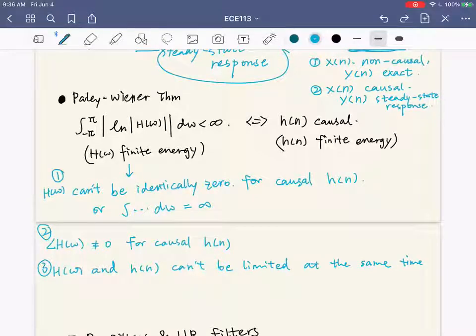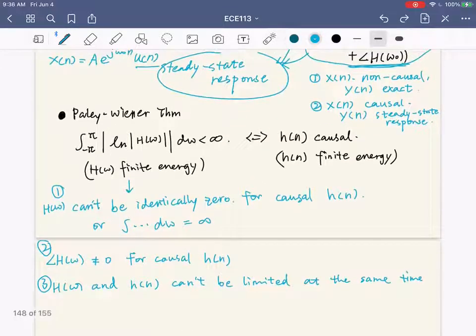In real life, if you have a causal h[n], the causal impulse response, it has to have some delay. You have to convolve it with your input after the input comes in, and then you have an output with some delay. That is why the phase can never be zero.